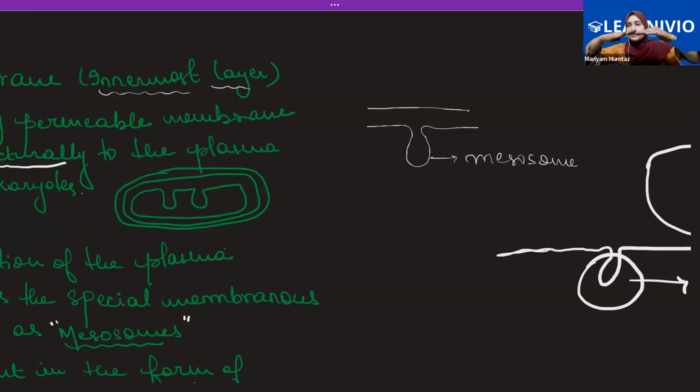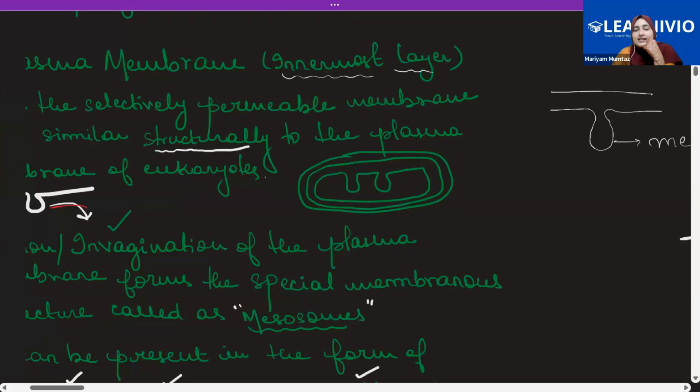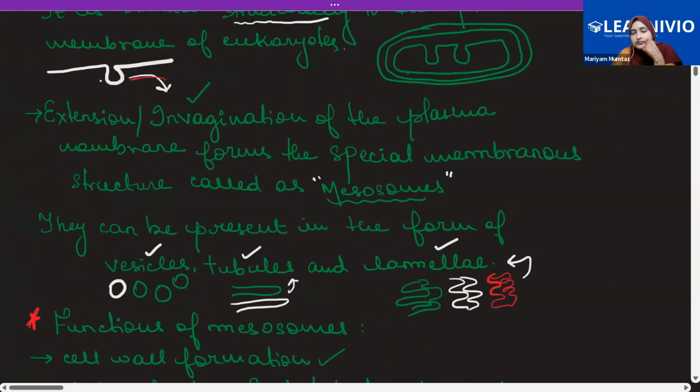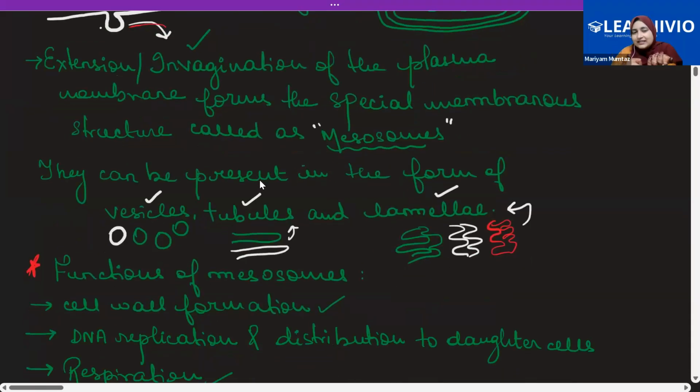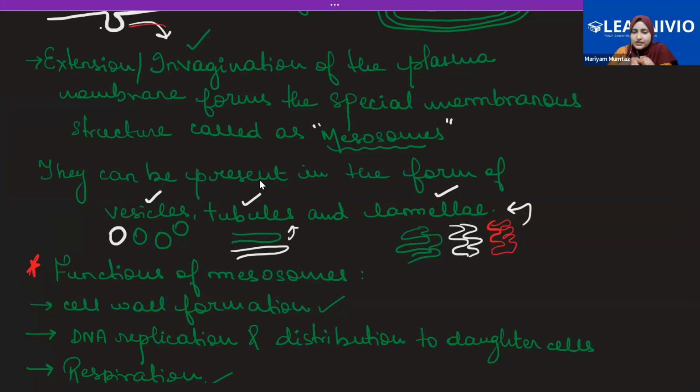A depression will be made like this, and then a deep pocket-like structure will be made, and that pocket-like structure is called a mesosome. Now, these mesosomes can be found in the form of vesicles, tubules, and lamellae. They can exist in a variety of shapes and forms.